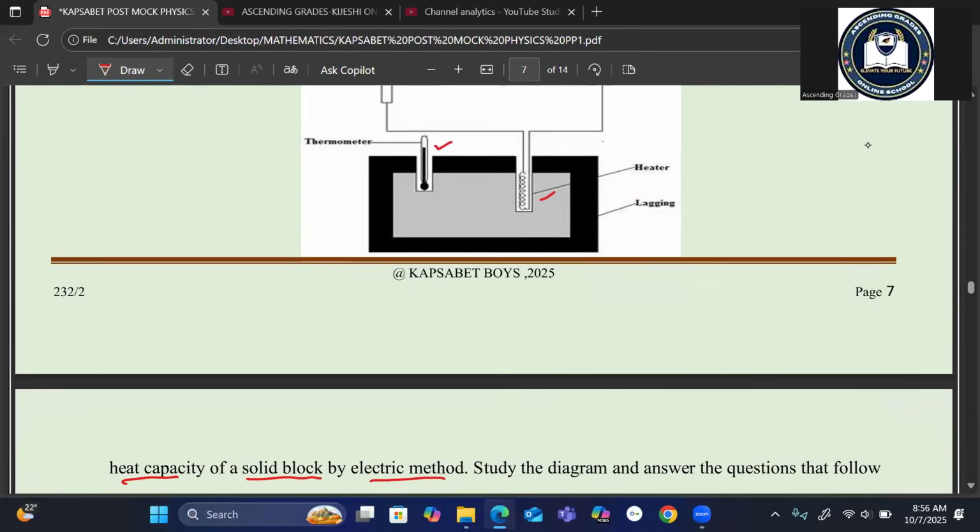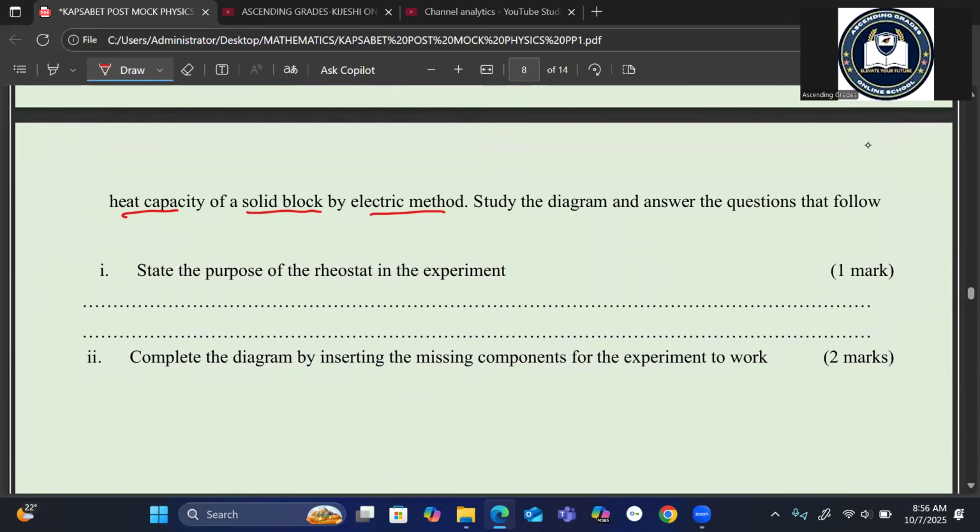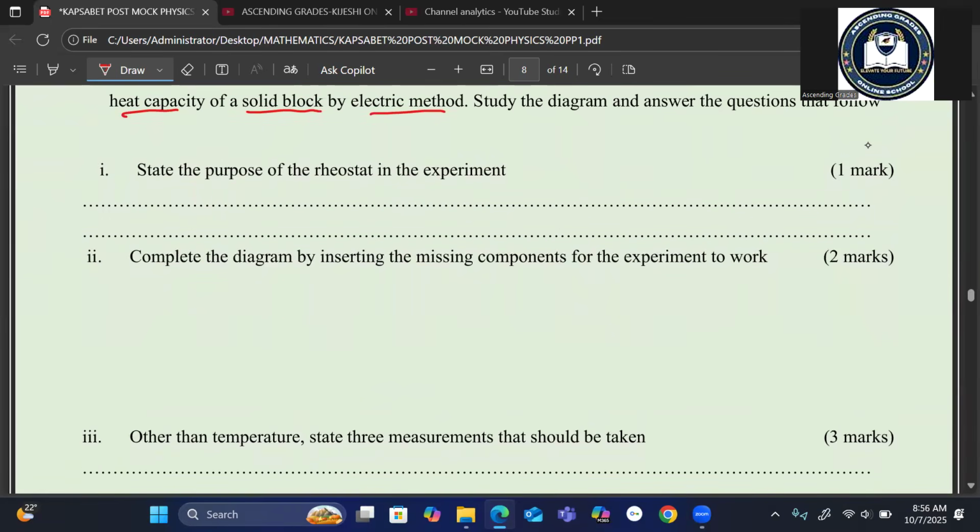KCSE. Then you are told, state the purpose of the rheostat in the experiment.